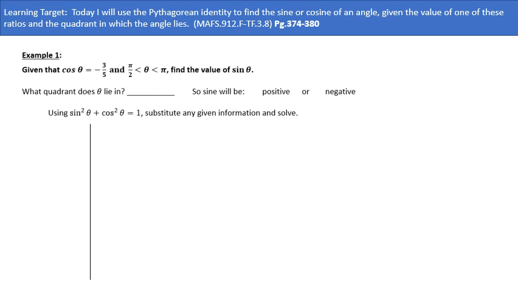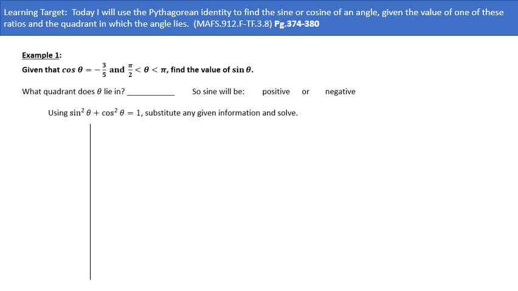This is the reason why we need to know the Pythagorean identity. We've encouraged you to memorize as many of those points on the unit circle as you can, so you don't have to do much math. You can just look at the unit circle, know where it is, and know what the sine or the cosine was. But sometimes you get an angle that's not one of those 30, 45, or 60-degree angles.